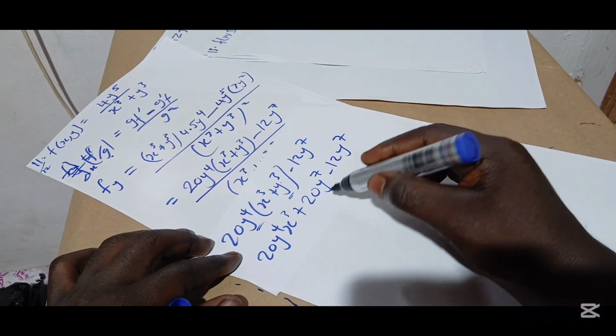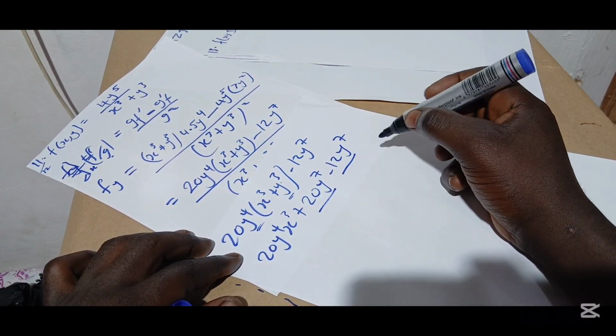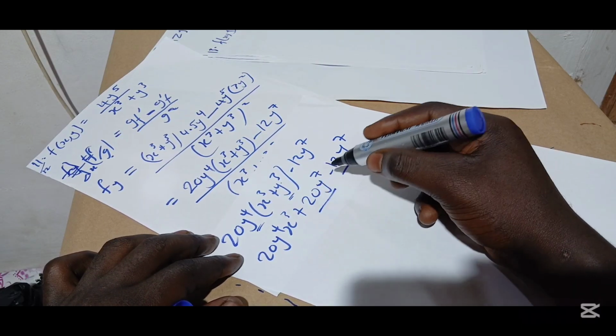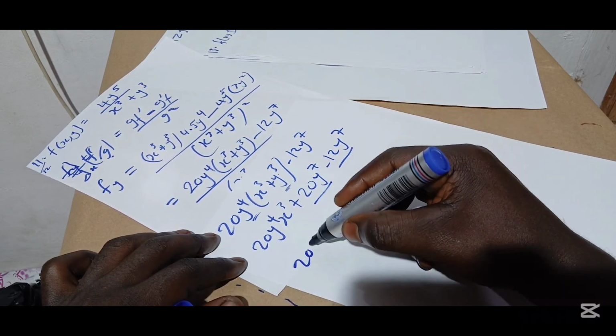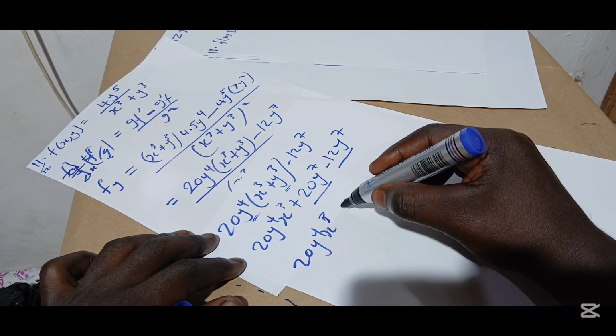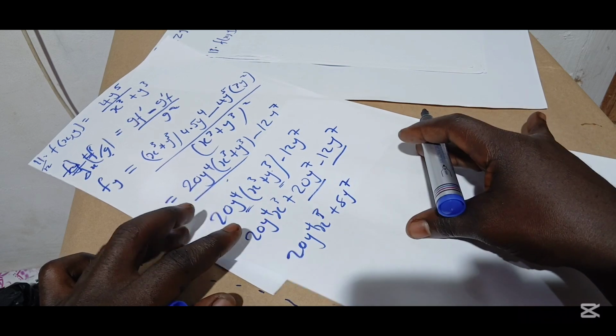In this case, we have 20 of y to the power 7, and we have 12 of y to the power 7. So we can just subtract, 12 from 20, giving us 8. So we have 20y to the power 4 x cubed, then plus 8y to the power 7.